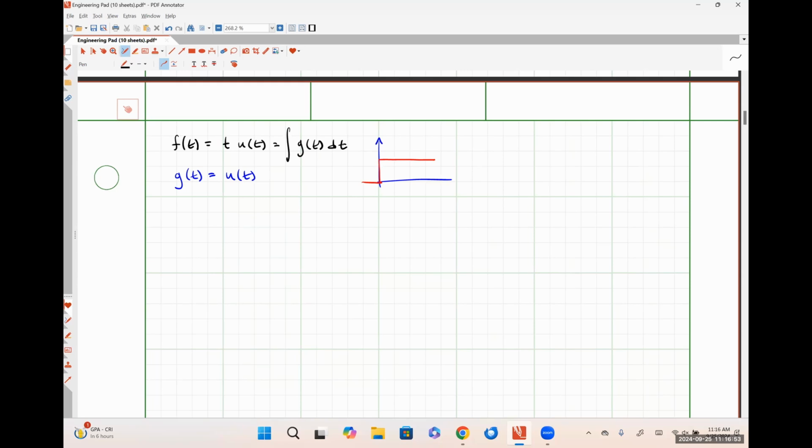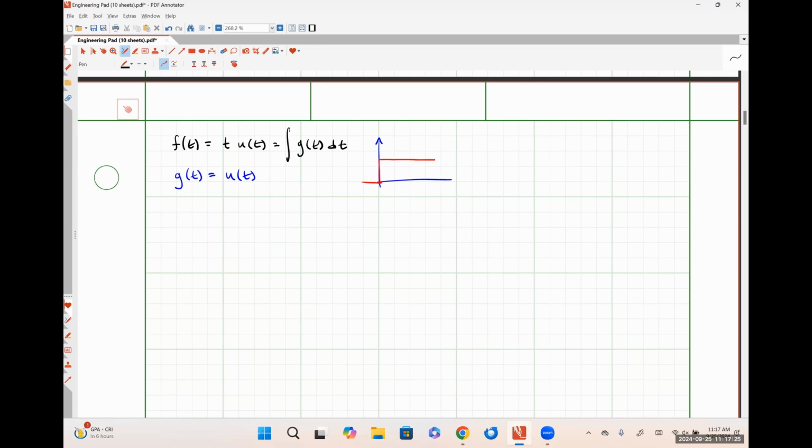So what's the Laplace transform of g of t? It's in your table, we did it yesterday: 1 over s. What does the time integration property of the Laplace transform tell us to do? An integral in the time domain is equivalent to what? Multiplying by a factor of 1 over s. So 1 over s times 1 over s is 1 over s squared.